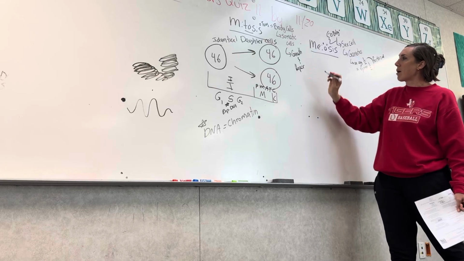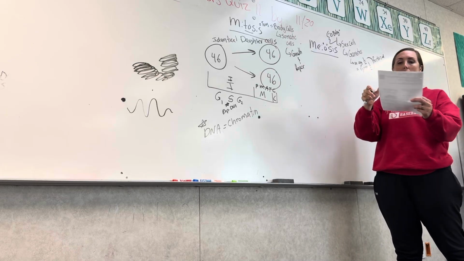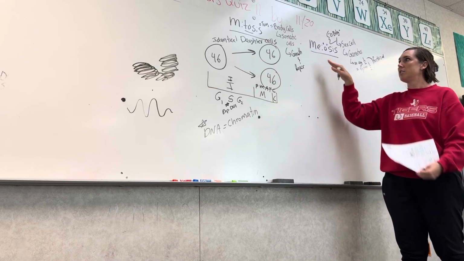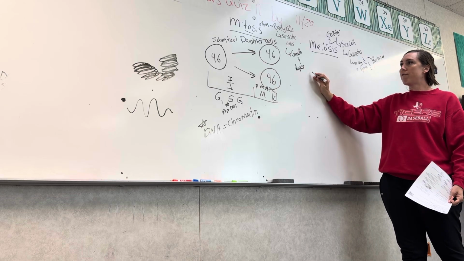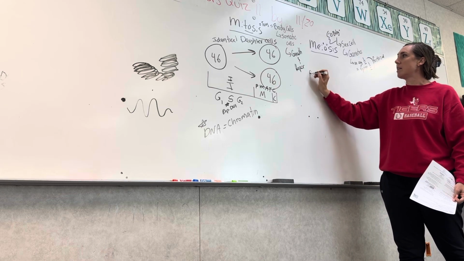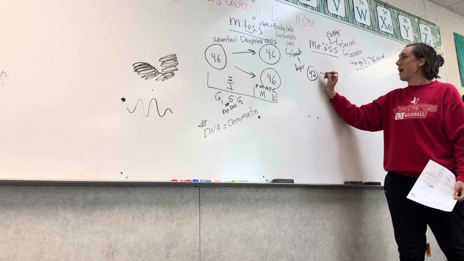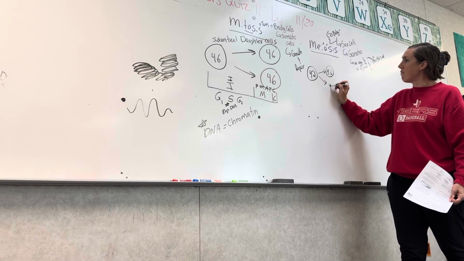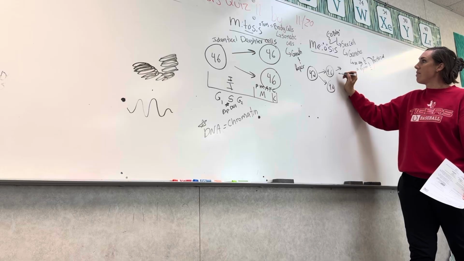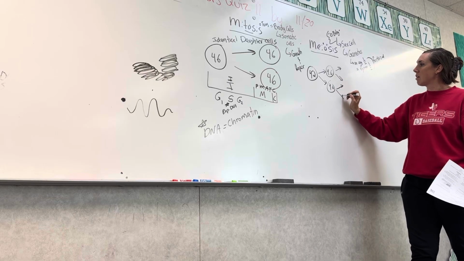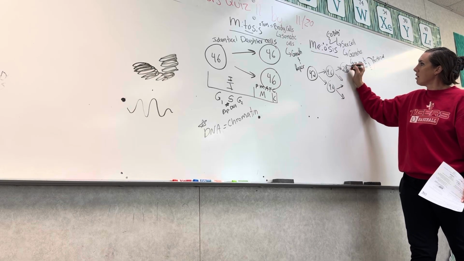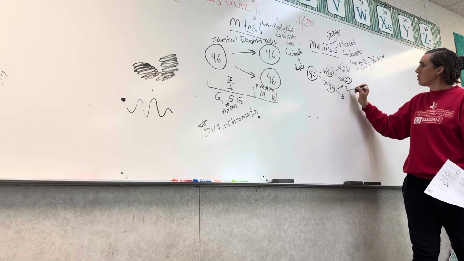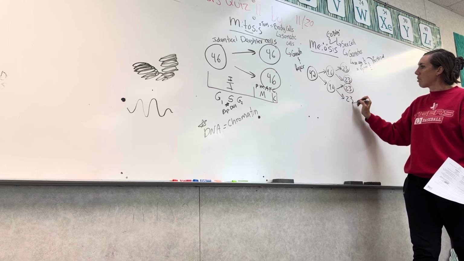So remember, when we do our divisions, remember the 46 actually doubled to 92? And then there was one division of 46 and 46. And then there was a second division, 23, 23, 23, 23.